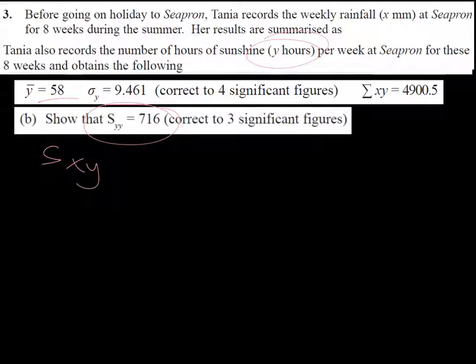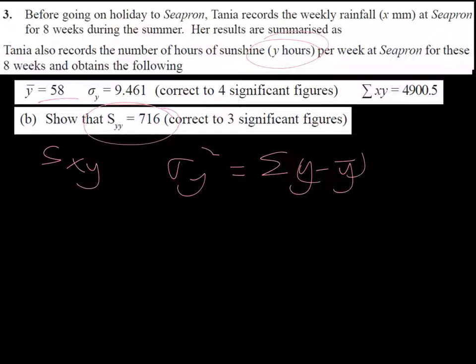So when we are looking at variance, one way we could express the variance for y would be to say that the variance of y is equal to sigma y squared minus y bar squared over n.